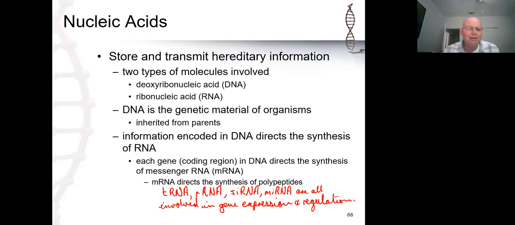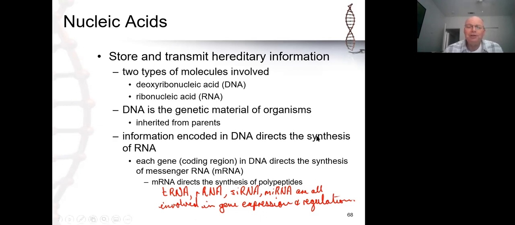And in fact, we're starting to get the impression that RNA molecules may be central to our understanding of gene expression and regulation because of their central role. And we're finding a whole host of tiny little RNAs like the siRNAs and the miRNAs that play very active roles in regulating gene expression.